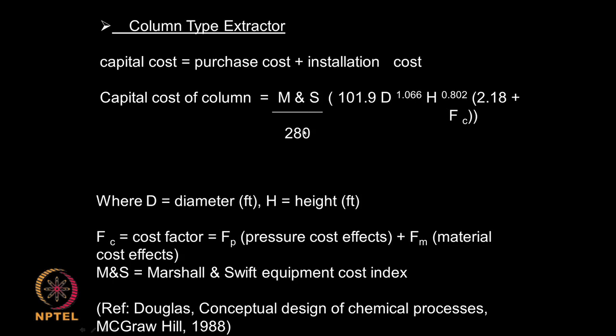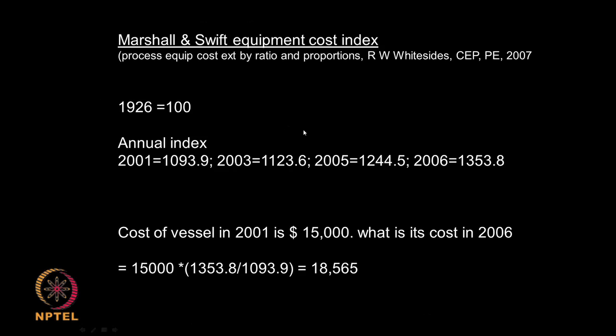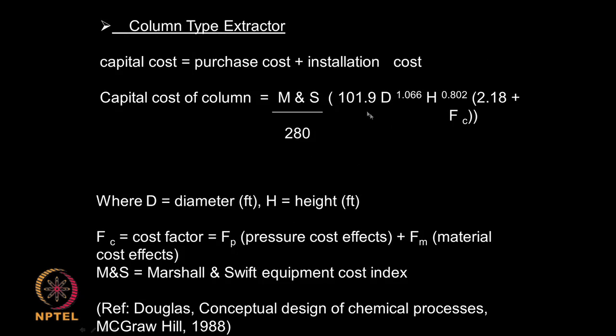So, they will take a year, for example 1926 as 100, then the year 2001 becomes 1093, year 2006 becomes 1353. So, depending upon the year we put in some number and then F is the cost factor. This cost factor depends on the pressure cost effect and material cost effect.